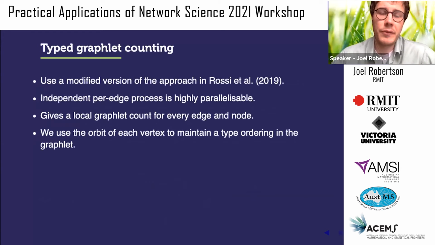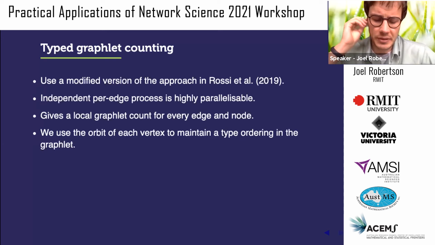Once we have a constructed network, we then need to count the typed graphlets. Most graphlet counting algorithms can be adapted to look at typed or colored graphlets, but doing that adaptation can add inefficiencies and become prohibitive on larger networks.